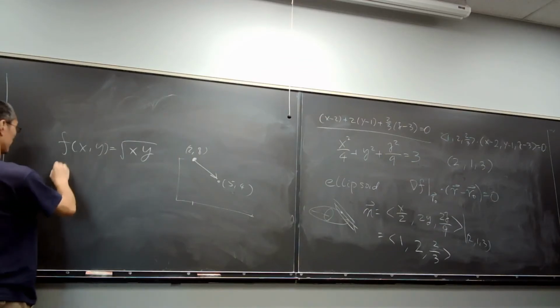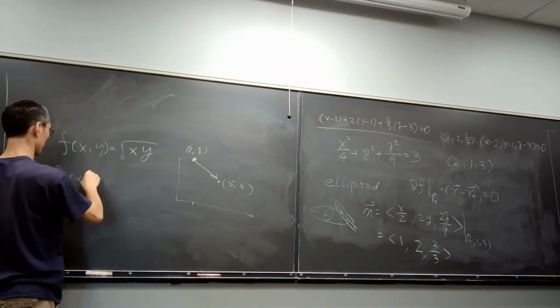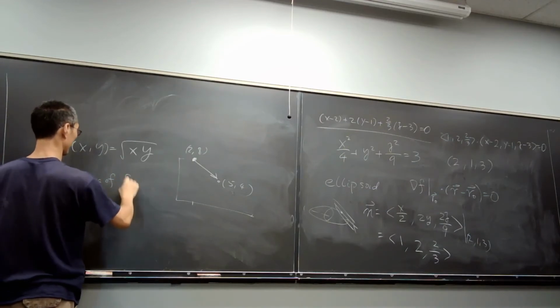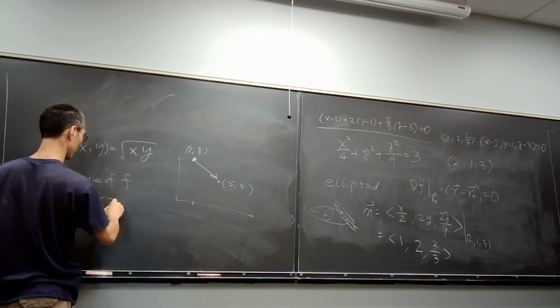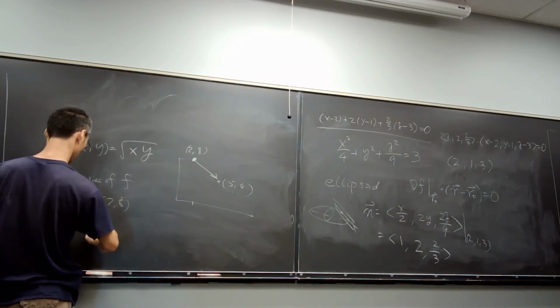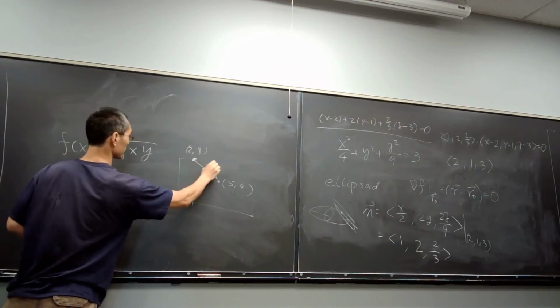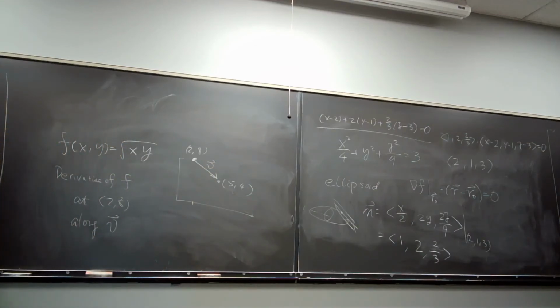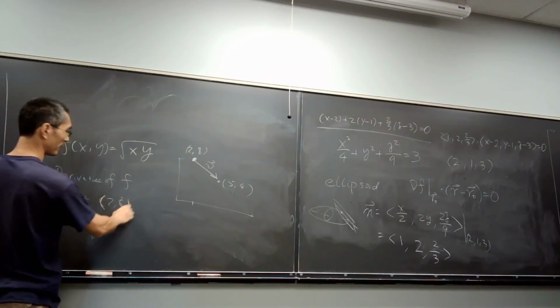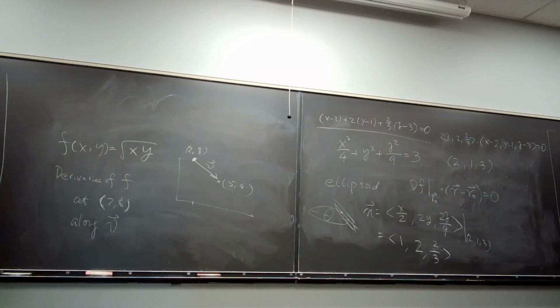So the derivative of f at (2, 8) along v. V is this. This time you are given a point where you take a derivative, and the direction is given as the vector between 2 points. So you need to figure out v first. Right? What is v? (3, negative 4). Very good.